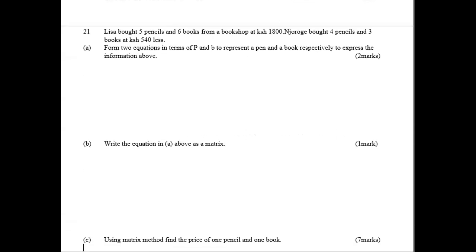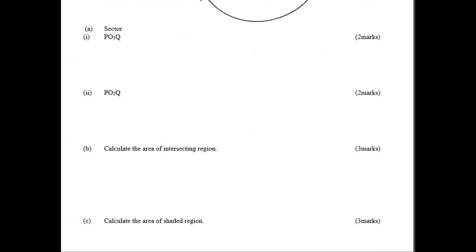The intersecting region is the section formed by the two segments. I'm sure you now know what a segment is.